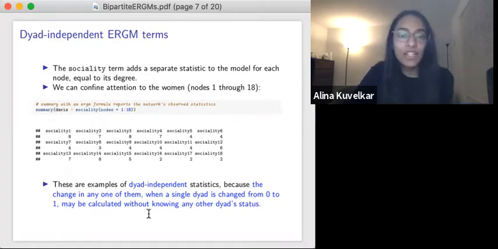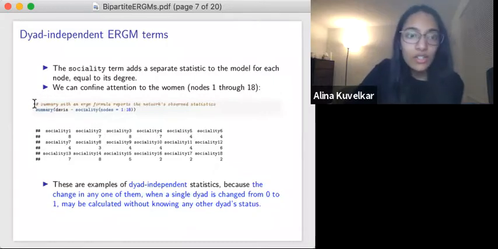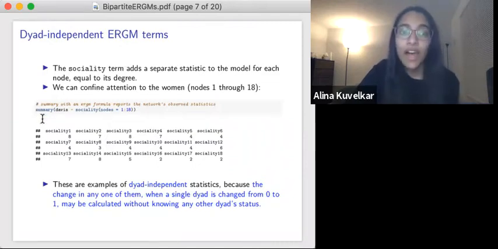The sociality term specifically is a term that adds a separate statistic to the model for each node equal to its degree. We can use this summary function here to return the observed statistics for the network. Here we're considering sociality on the women nodes, so we have 18 terms that get returned. The 8 over here, for example, represents that the first woman, Evelyn, attended 8 events.